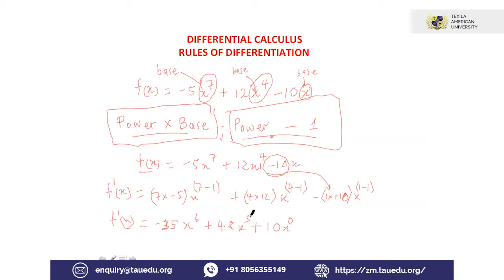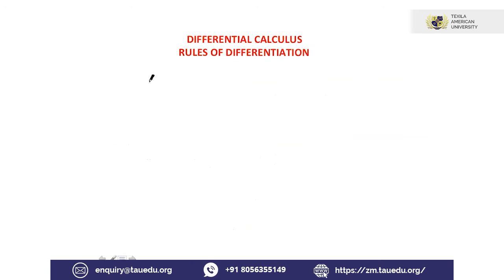Are you following? So obviously, we have f prime of x is equal to negative 35 x to the power of 6. Sorry guys, I think there's a problem with the writing there.